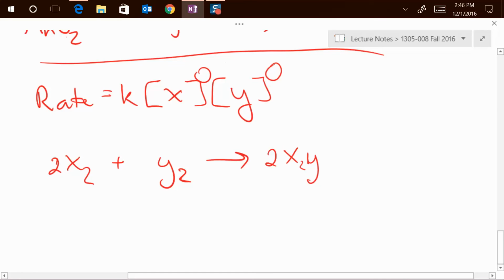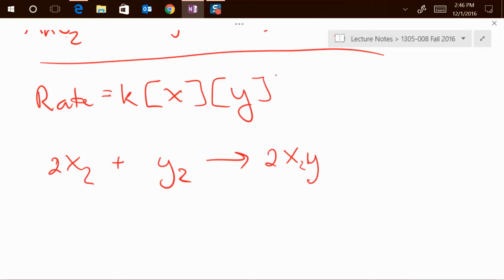It doesn't have an order because it doesn't say rate. Okay, did they tell me the orders? No. Do I use the coefficients as the orders? No. I do not use the coefficients in rate for the orders. When do I use the coefficients? In equilibrium. Okay? This is the rate.